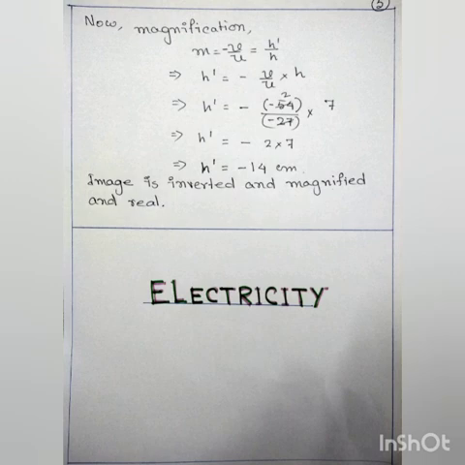Clear? Now what happens when a glass rod is rubbed with a silk cloth? The glass rod acquires one kind of charge, which is conventionally positive charge, and the silk cloth acquires another kind of charge, which is negative charge.